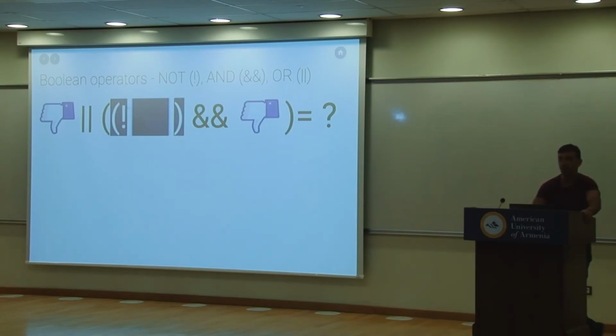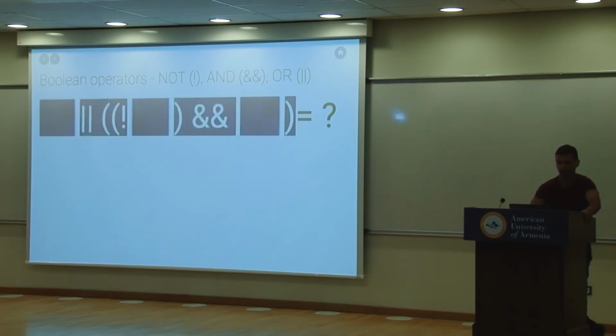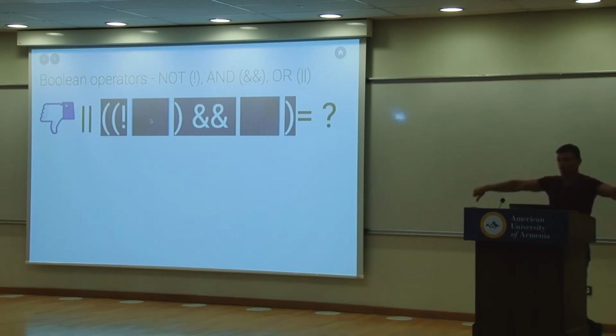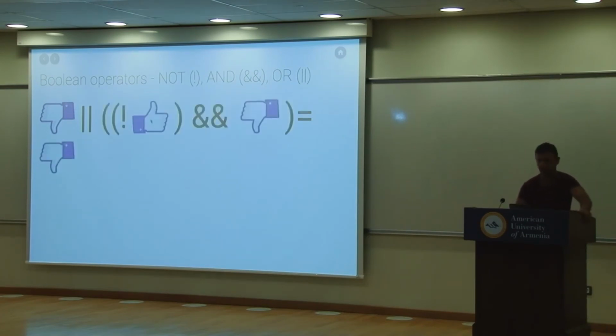It means flip what's there. So we get false, right? So the result of this is false. Now treat this one as false and do false and false. False, right? So then all of this becomes false and you do false or false. False, right? It's the only time where the or operator will give you false, if both sides are false. The result is false.